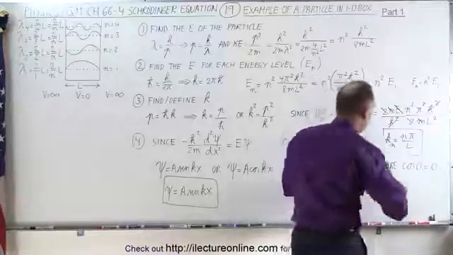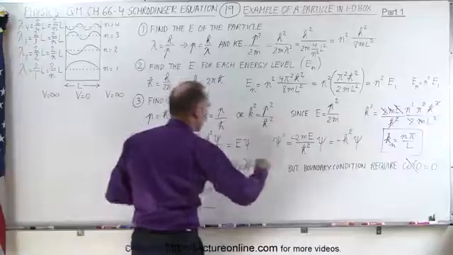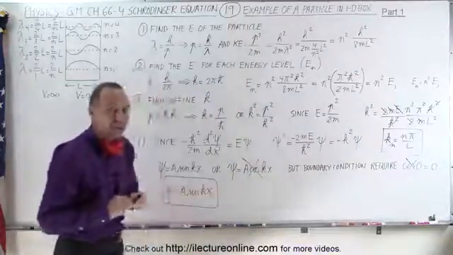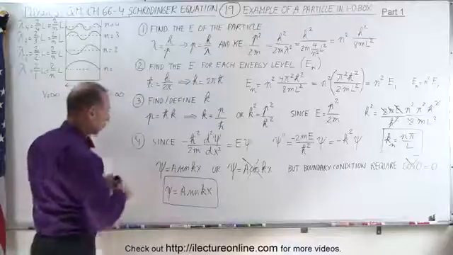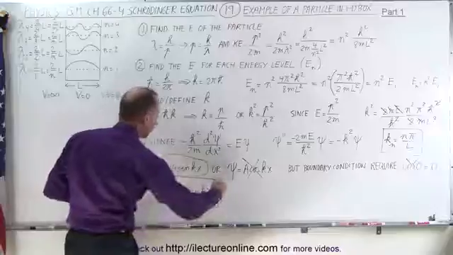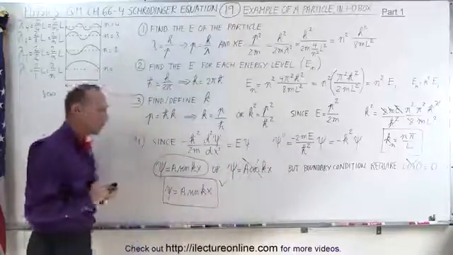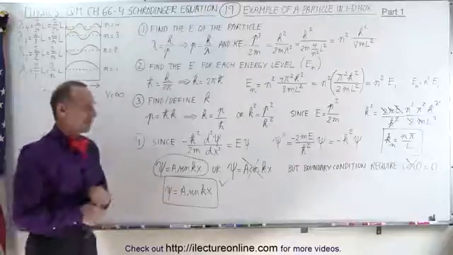Since the cosine does not do that for us, this is not a viable solution, and so therefore we cannot use that to represent the particle in a one-dimensional box. The only equation that allows us to do that would be this equation, and that then is a good representation of the wave function for a particle in a one-dimensional box.